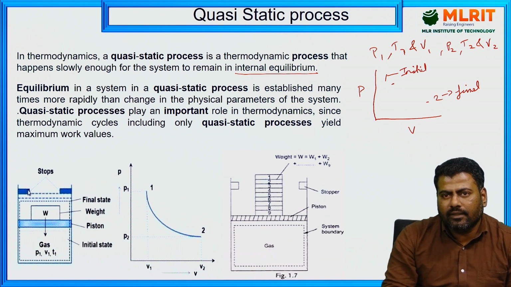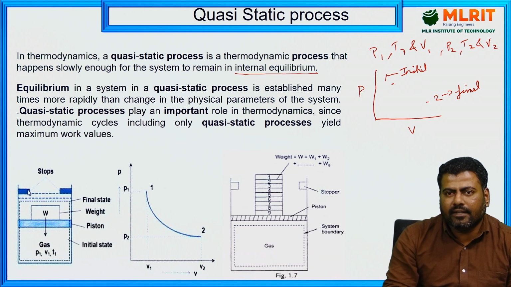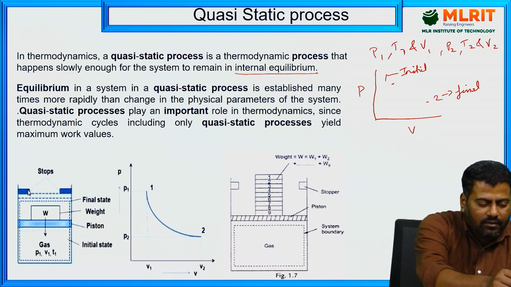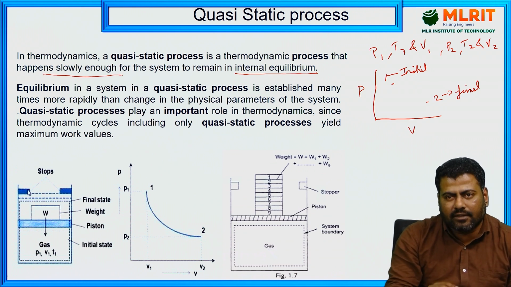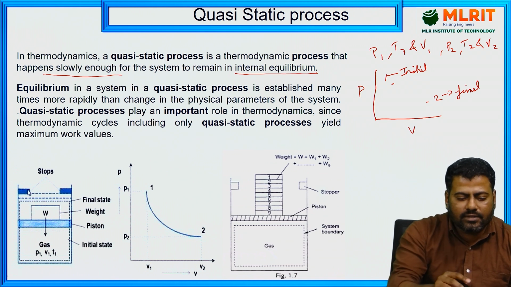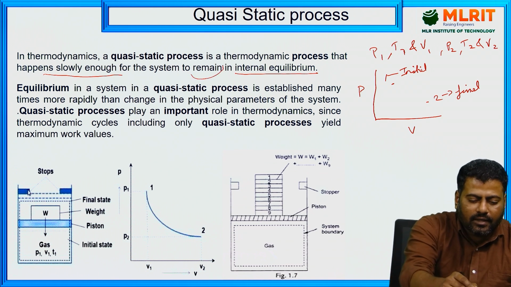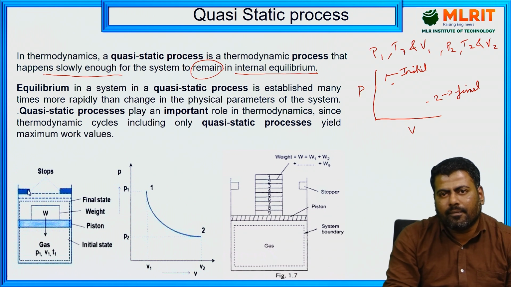In between, we don't know the intermediate states. We only know the states before starting and after completing the process. That is why in the quasi-static process I have considered an infinitely slow manner, which is enough for the system to remain in internal equilibrium.